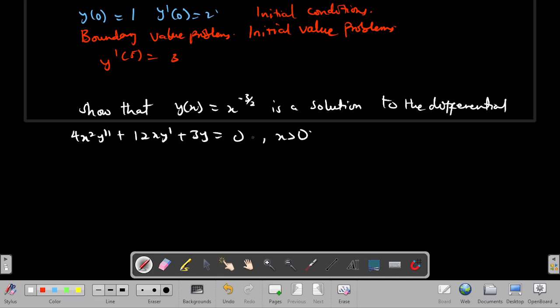So they are saying that you should show that this here is a solution to this differential equation. How do you solve such a problem?